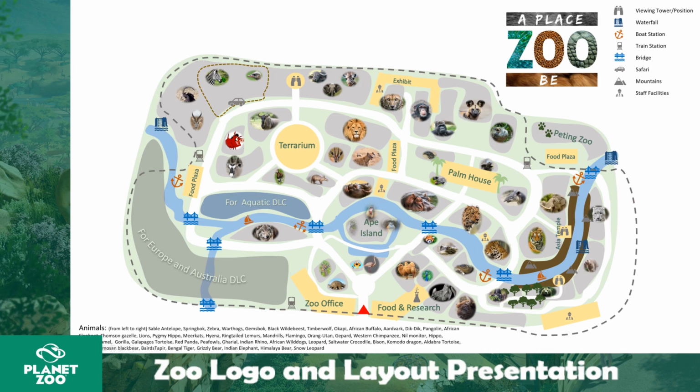On the opposite of the crocodiles, we will have the rhinos, the Indian rhinos. We have some rumors and also data mining material that we will also get the black rhinos. Let's see. Here, this is the place for the Indian rhinos. Right next to it, I put a small place for the Indian peafowls.